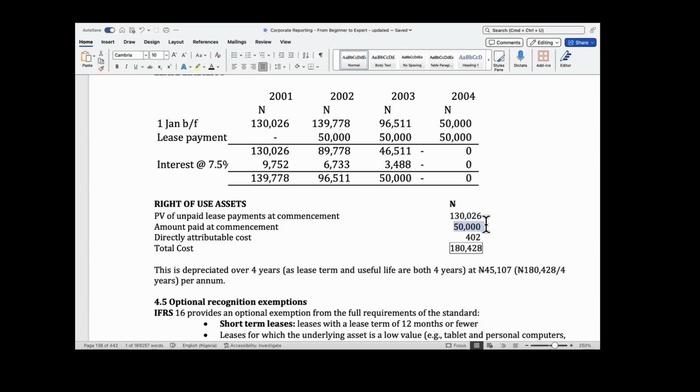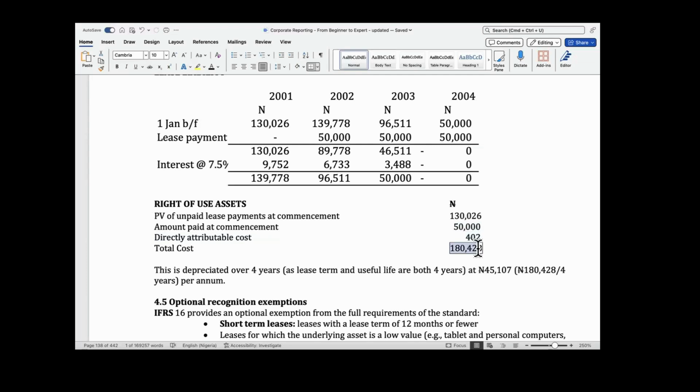Remember, we are paying at the beginning of every year. So what was paid right from commencement will be added. Then there was a legal cost given in the question, which is a directly attributable cost of 402. So by the time you add these three items together, we'll get the total cost of that asset.